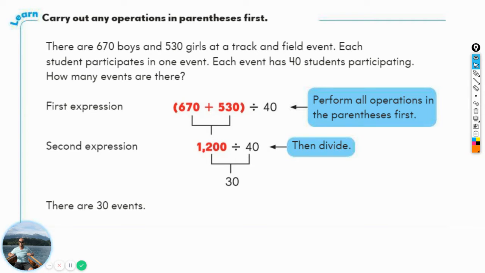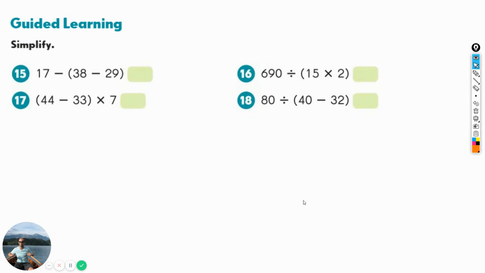If you didn't, you should. What's really important is when you have a word problem like this, these word problems really dictate where the parentheses go. In this case, we needed to add the boys and girls first before dividing by 40. The way this problem is laid out, it really wants us to add first and then divide by 40. In the end, we find out there are 30 events.